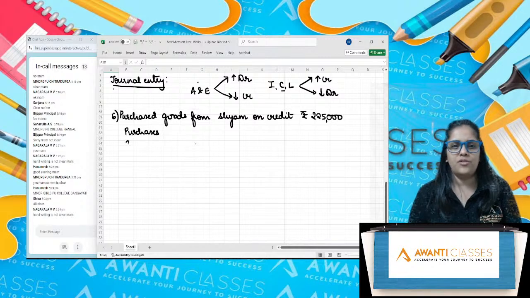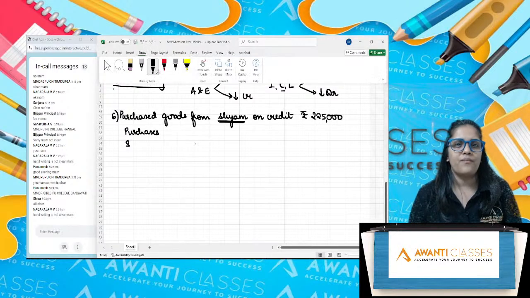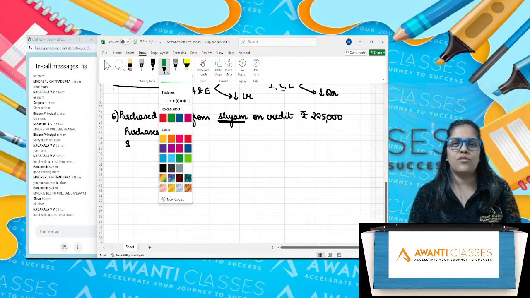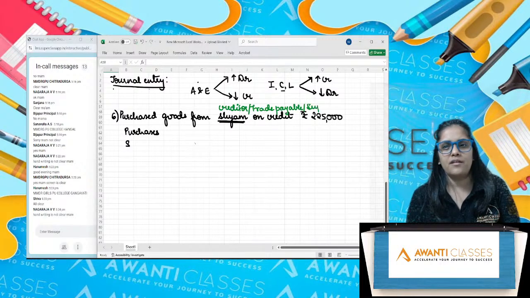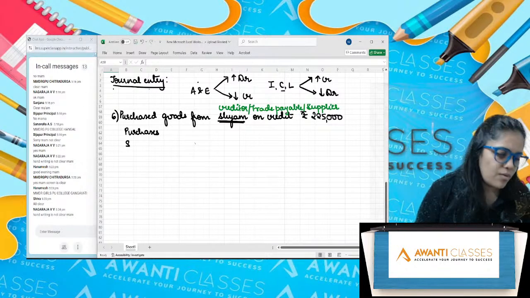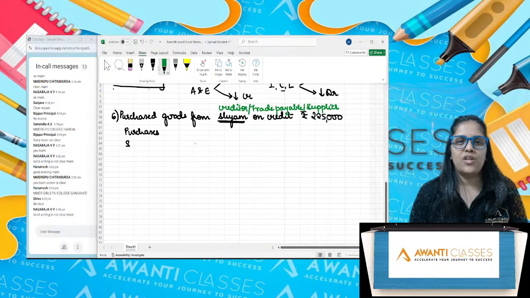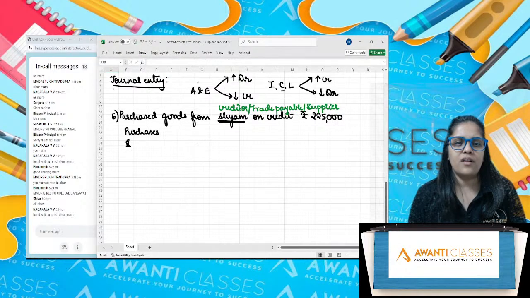If we purchase from Shyam on credit, then this Shyam is also called a creditor, or a trade payable, or a supplier. So Shyam will become our creditor.